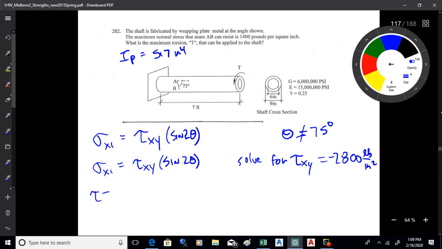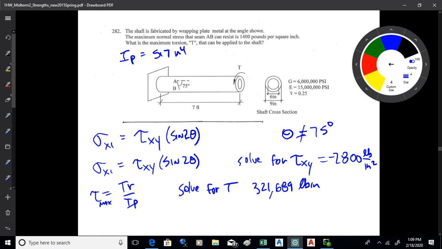And then the other thing you've got here is that tau max is TR over I, and solve that for T. And you should get, just depends on how you look at it, I got 321,689 pound inches. A little bit of overkill on the significant figures there, but that's the idea. Okay. Questions on that?